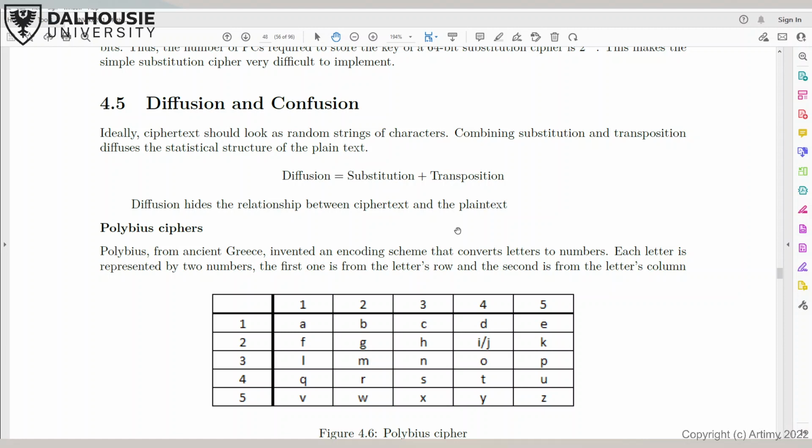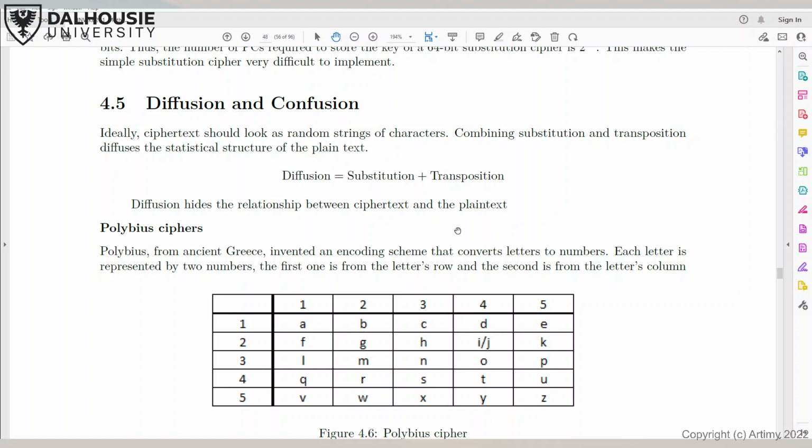What I mean by that is when you go back to Caesar, right? Caesar did not hide the relationship between the ciphertext and plain text. For example, the ciphertext has the same size as the plain text, right? 5 characters will be translated into 5 characters. Every letter will be translated to the same letter, so when we convert A, it's always converted to the same character in the ciphertext.